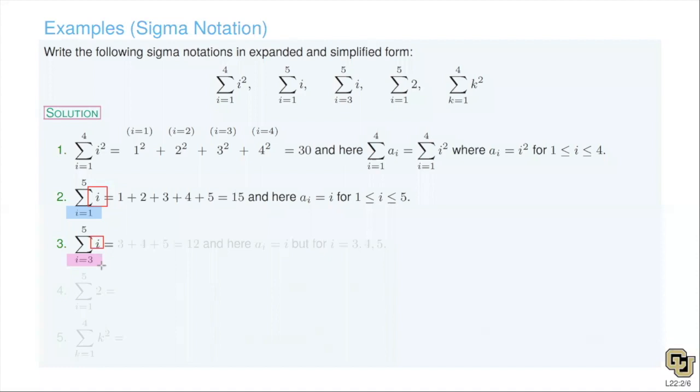So here, this is a sum. I'm going to start at I equal to 3 in this case and go all the way till 5. And what do I do with 3? Well, I assume I equals 3, and then I follow this recipe, whatever it says. In this case, it's a very simple recipe. You just write down whatever the I value is. So here, this sigma notation just represents 3 plus 4 plus 5.